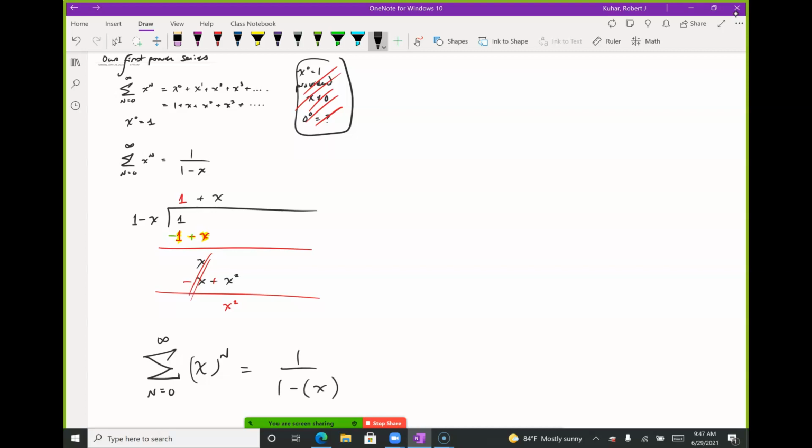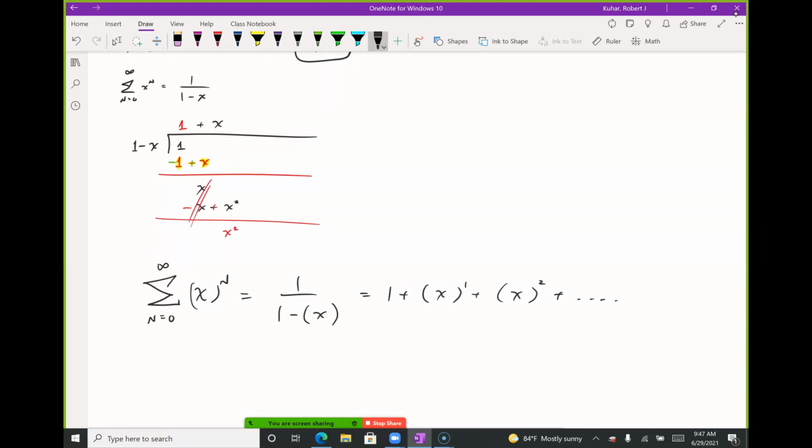And you see I'm putting the x's in parentheses, and I'm doing that for a reason, which is 1 plus x to the 1 plus x to the 2 plus dot, dot, dot, right? And more importantly, our absolute value of x has got to be less than 1.